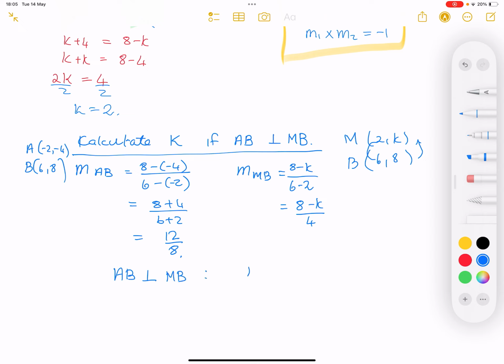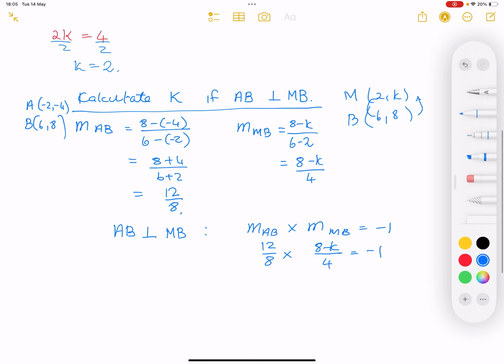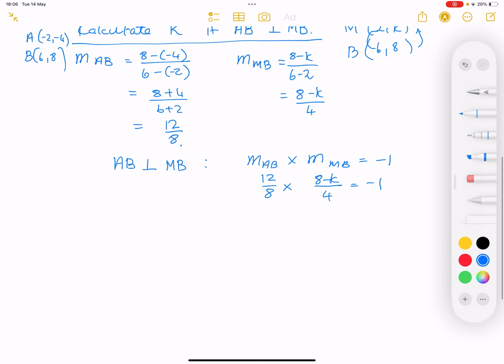So therefore the gradient of AB times the gradient of MB is equal to -1. That means 12 over 8 times 8 minus K over 4 is equal to -1. And that gives me 12 times 8 minus K over 8 times 4, which is 32, is equal to -1.